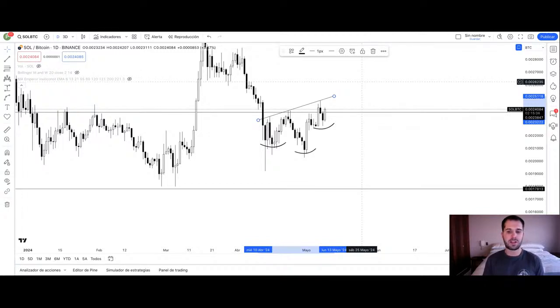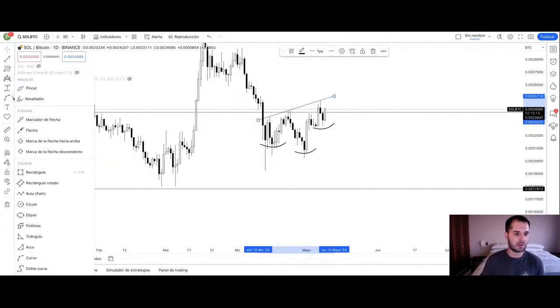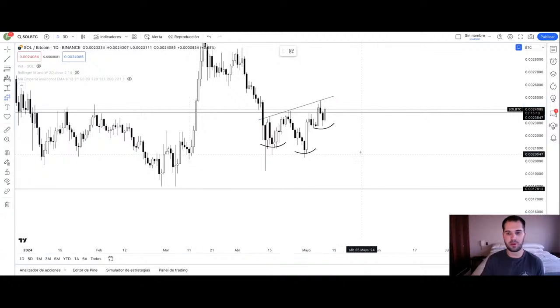If it's an inverse head and shoulders pattern, you want the pattern to be up-sloping in order to have a higher hit rate rather than a down-sloping inverse head and shoulders. The Bitcoin price was actually showing a possible down-sloping head and shoulders pattern, where you have something like this, right?